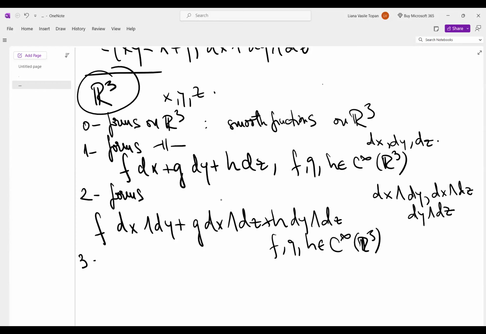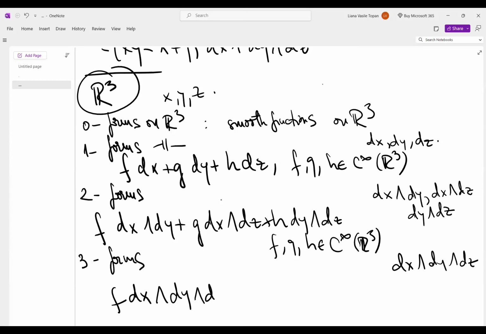And finally, what are the 3 forms? The basis only has one element, dx wedge dy wedge dz, so you'll have 3 forms of the form f dx wedge dy wedge dz, where f is a smooth function. So this is important, we are going to use them.